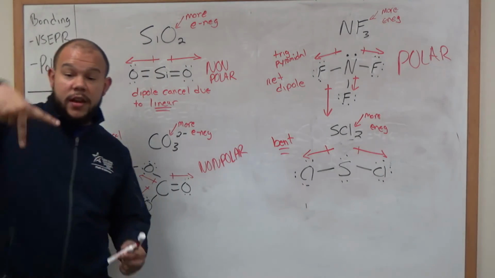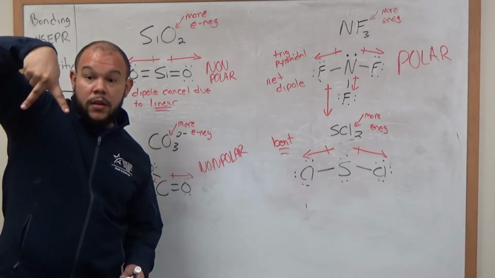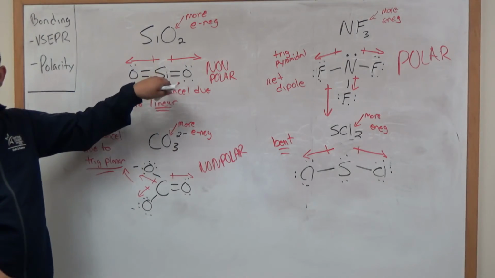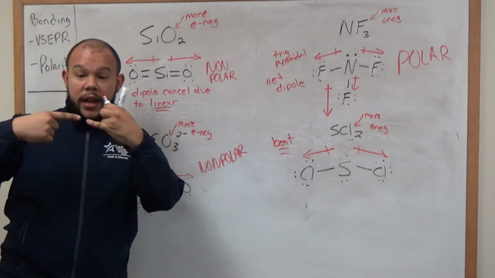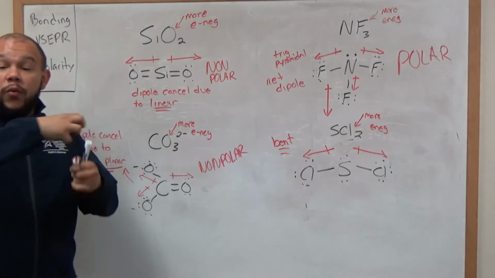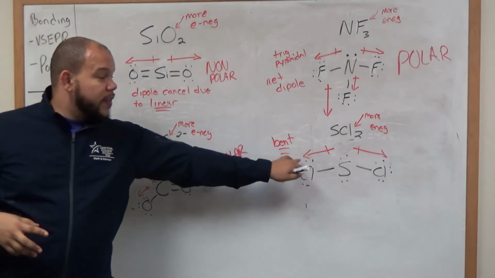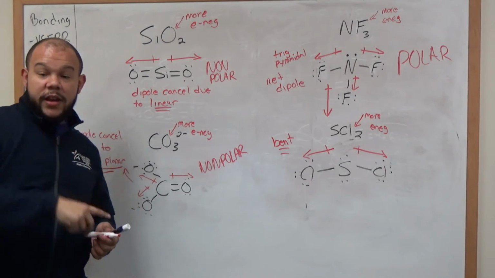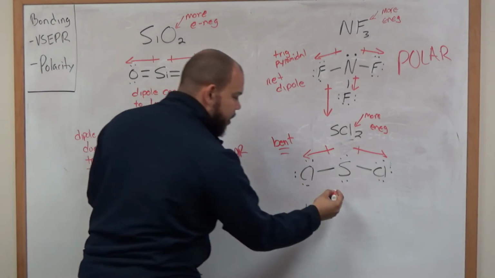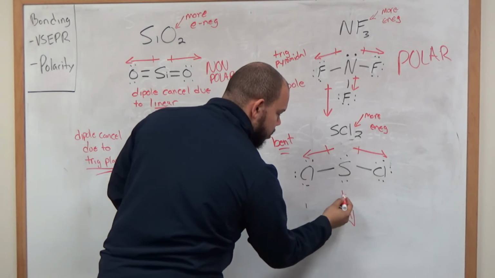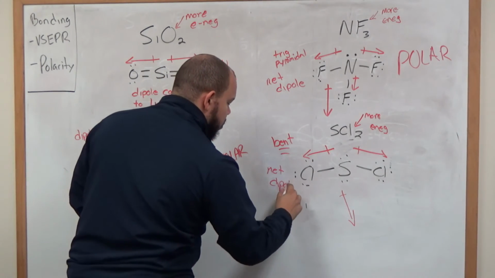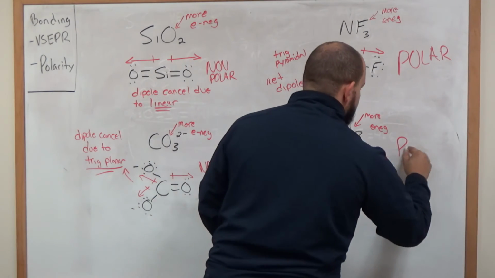Bent geometry is like this. Therefore, there is no cancellation. It's very different than linear. Linear is two in a line. So the magnitude of these are the same, but they are in this setup and that direction. So the net dipole in this case is going to be down. And because we have a net dipole, this molecule is also polar.